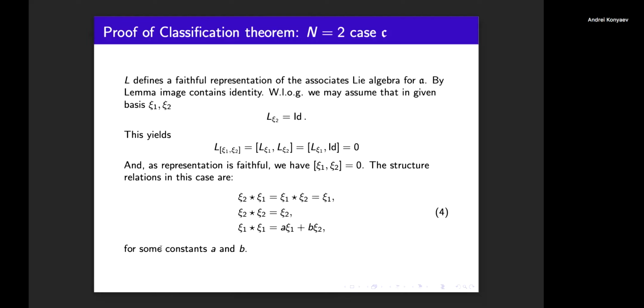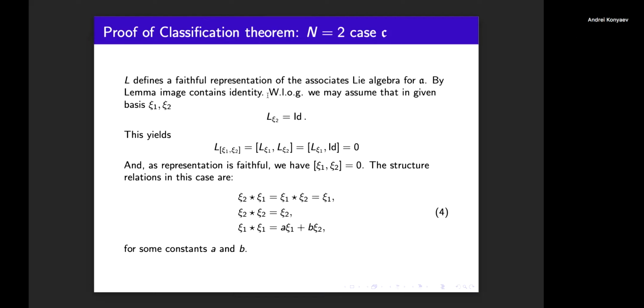What do we do here? Here we do a little bit of preparation. First of all, we use the second lemma. We didn't use it yet. Remember that in any commutative space you have an identity matrix. So if we have a two-dimensional commutative space, because the representation is faithful, we get two linearly independent matrices and they commute, which means that at least a linear combination of them is an identity matrix.